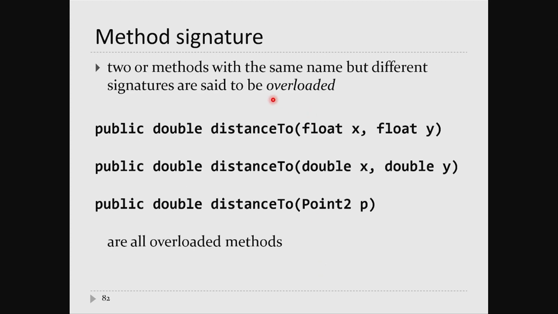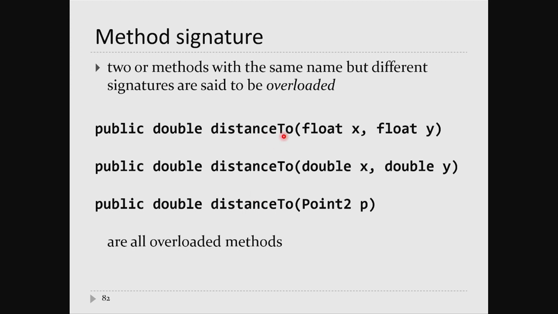So two or more methods with the same name but different signatures are said to be overloaded. Here I've just made up some methods. I don't think they actually exist in the Point2 class. If you wanted to write a method that computes the distance between the point and another point x, y, you could add three different methods here if you wanted to.